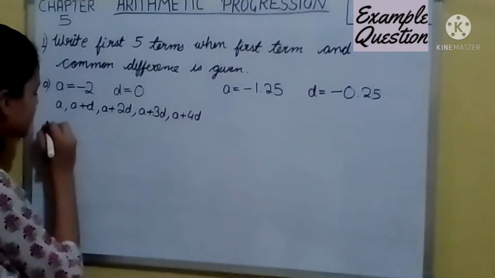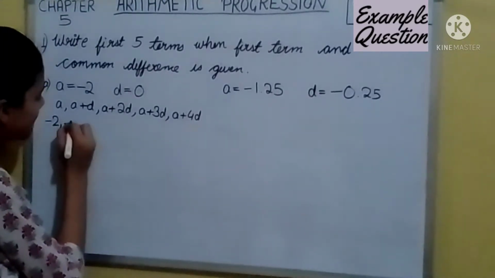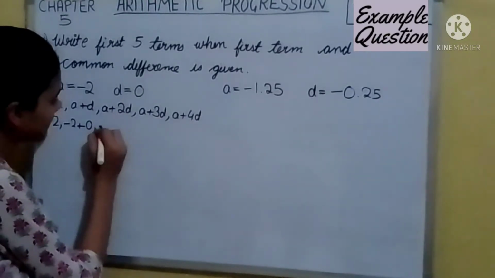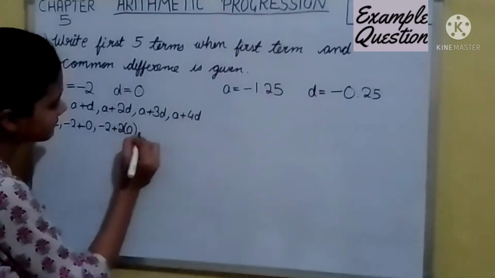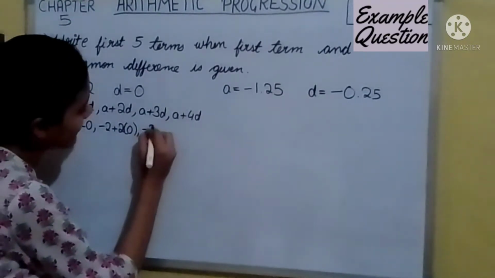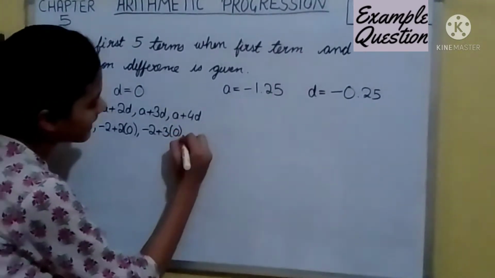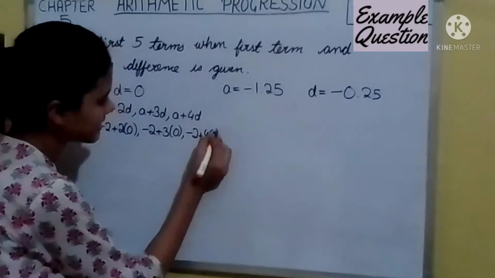So let's substitute the values. a was -2, then -2 plus 0, then -2 plus 2 multiplied by 0, then -2 plus 3 multiplied by 0, and then -2 plus 4 multiplied by 0.